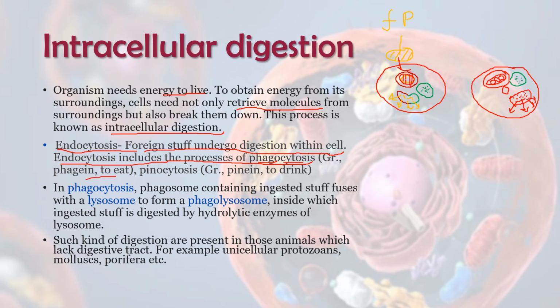It may be phagocytosis or pinocytosis; pino means to drink. If the foreign particle is solid, it is the phagocytosis process, and if the foreign stuff is in liquid form, the cell drinks it. So it is known as pinocytosis.